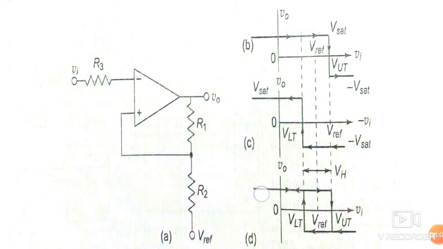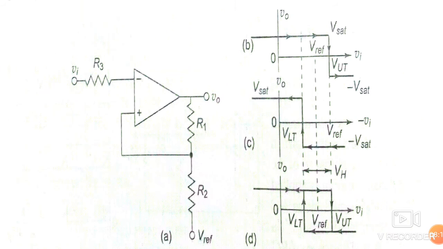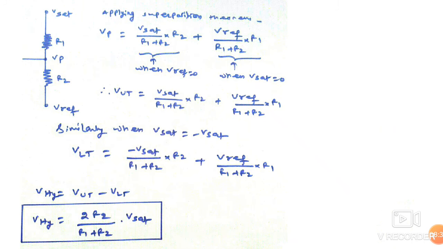So this is plus Vsat starting, and if VUT arrives, the output becomes minus Vsat, and if the output starts at minus Vsat, it will change abruptly to plus Vsat, that is at the VLT point.